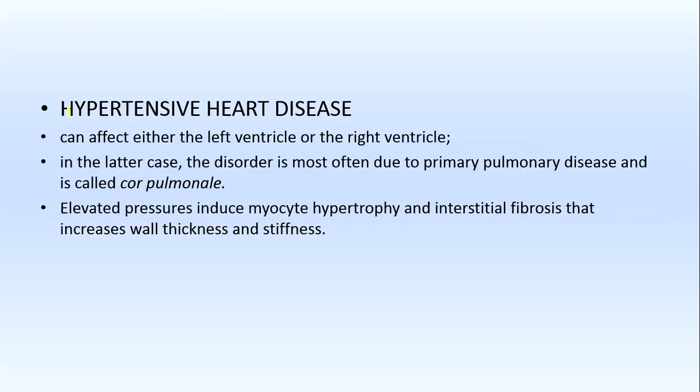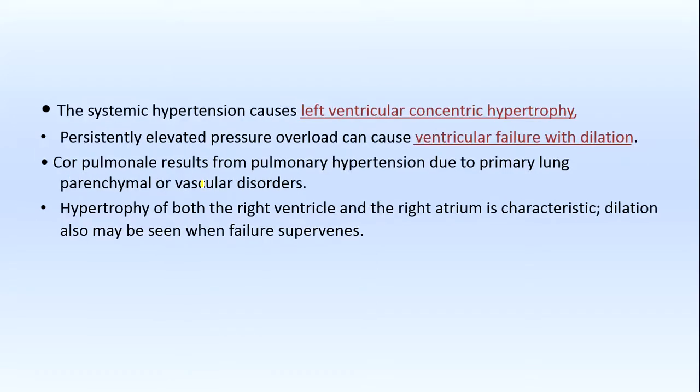Now we will briefly discuss hypertensive heart disease. It can affect either the left ventricle or the right ventricle. When it affects the right side of the heart, it is known as cor pulmonale. When there is systemic hypertension, it produces concentric left ventricular hypertrophy, and eventually elevated pressure overload can cause ventricular failure with dilation.